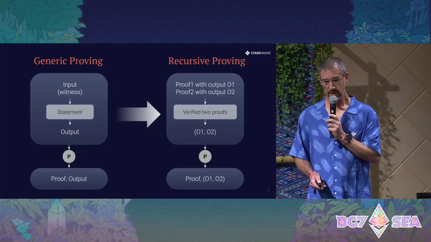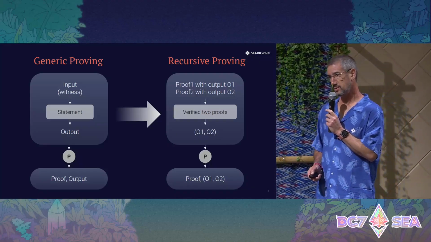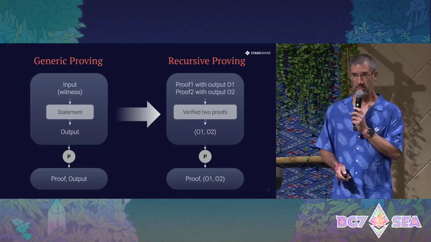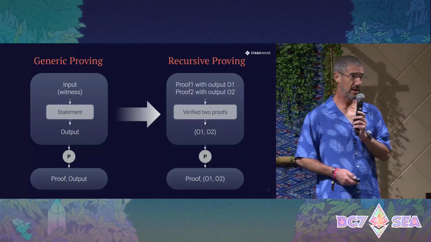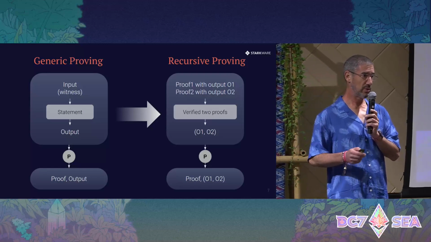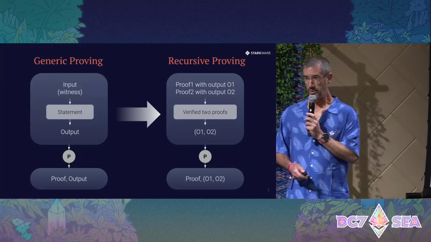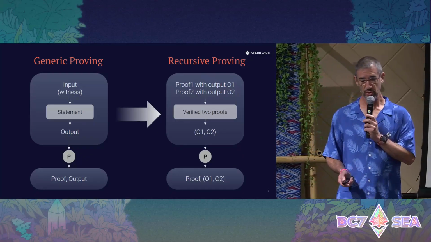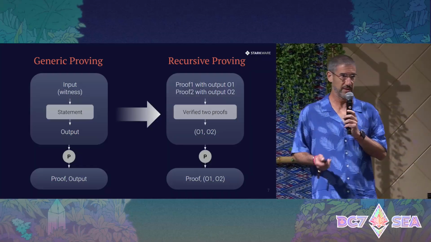So how do we use this concept to create recursive proving? Basically, we replace the statement with a new statement that just says, I verified 2 proofs and found them to be correct. So proof 1 with output 1 and proof 2 with output 2, you use a statement that performs verification, which is just an algorithm, right?